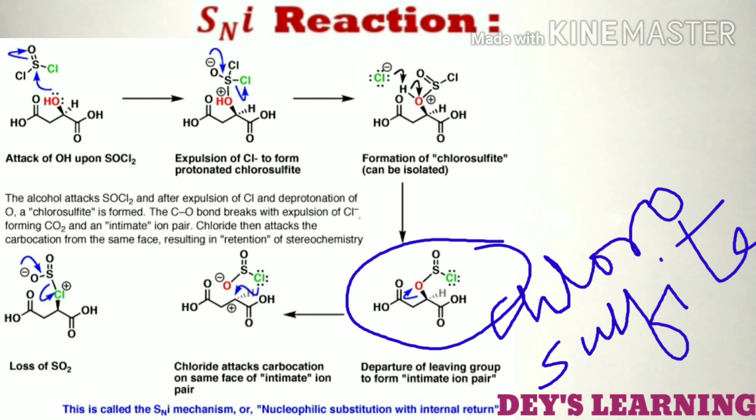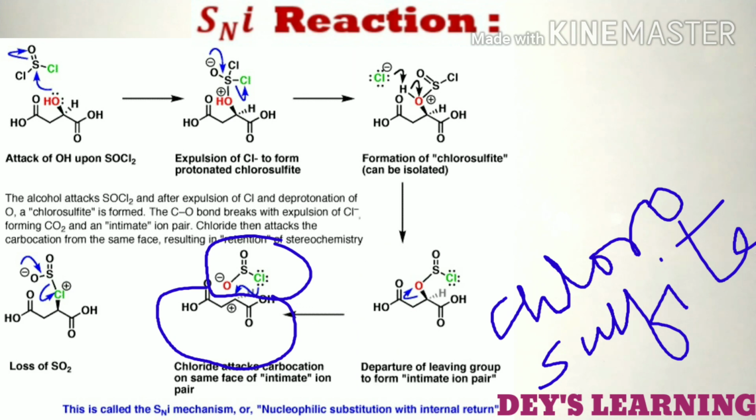From this chlorosulfite, this carbon-oxygen bond is cleaved, so that we get two ions, this one and this one. Very interestingly, these two ions exist as an intimate ion pair, that is, they exist in very close proximity.